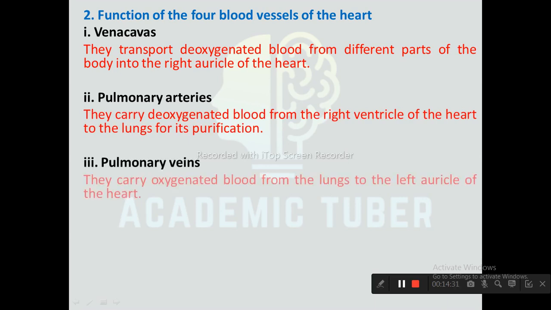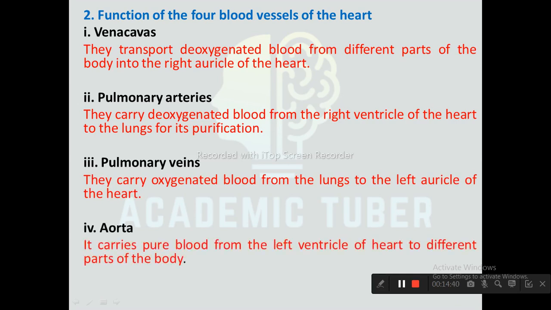Pulmonary vein carries oxygenated blood from the lungs to the left auricle of the heart. And aorta, which is the largest artery, carries pure blood from the left ventricle of the heart to different parts of the body. So vena cava are the largest veins, and aorta is the largest artery present in our body.